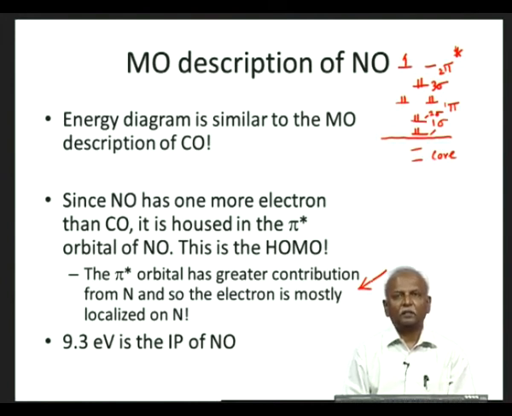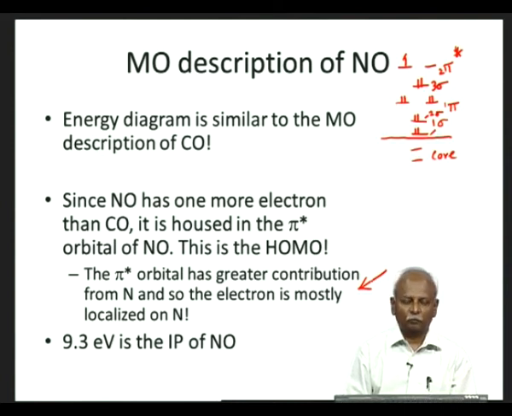It tells us that the nitrogen has most of the unpaired electron density, and we can also tell from other aspects, like the type of spectrum that we get for ionization. It tells us that the electron is localized on a pi star orbital, and that electron is actually sitting mostly on the nitrogen.